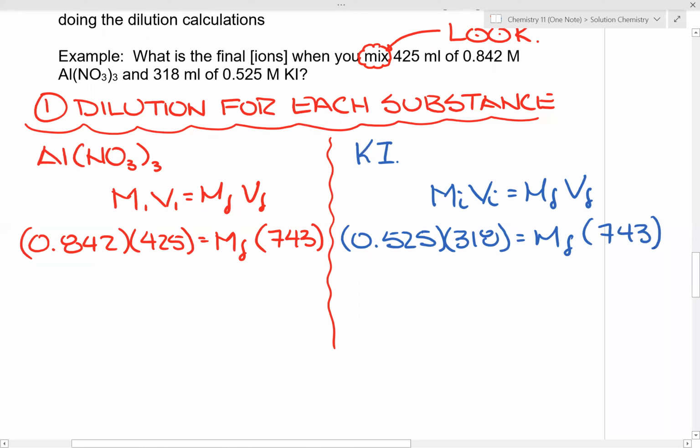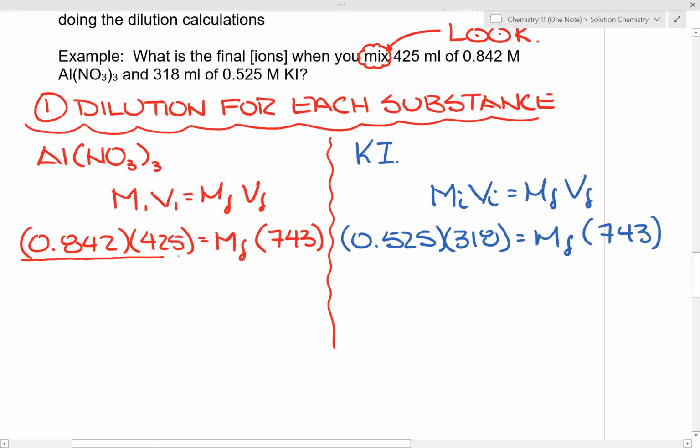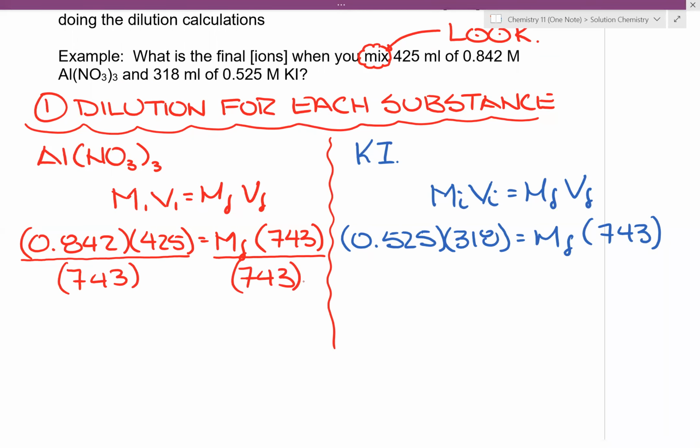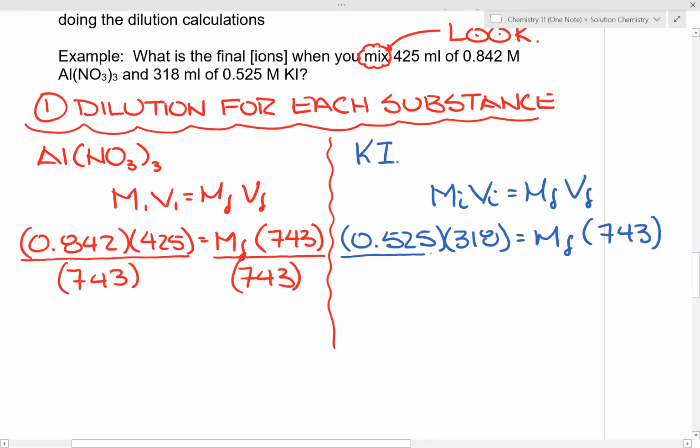Now, notice the final volume is 743 because you're mixing two solutions. You should get the same final volume. And again, what you would do here is divide both sides by 743. And on the KI, you also divide by 743.